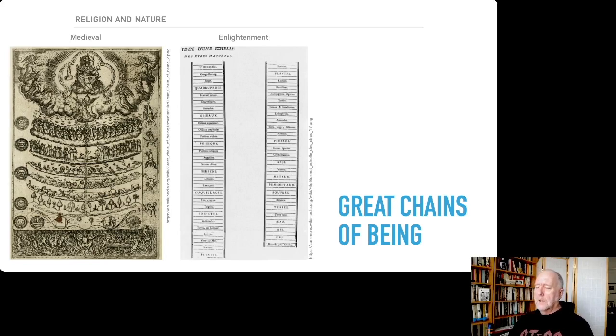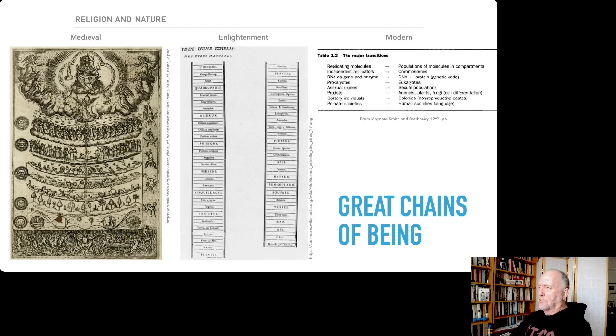I mean, it's a very, very strange scale. But just so you don't think that we are better than they were because we've moved past chains of being, this was published in 1995 by a British evolutionary biologist and Hungarian systems theorist, John Maynard Smith and Eörs Szathmáry. Unfortunately, John Maynard Smith is gone. He died in 2001, shortly after I met him, but I'm not responsible.